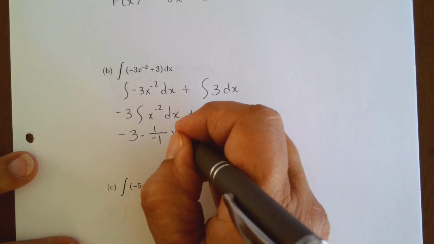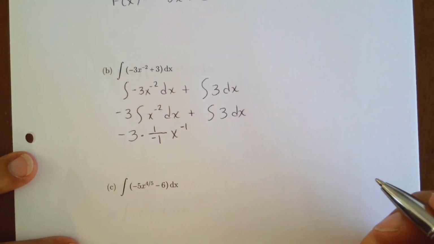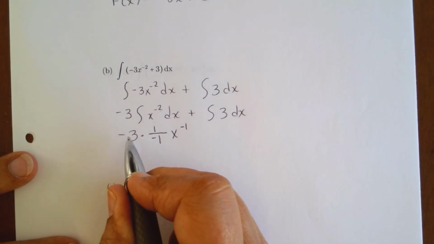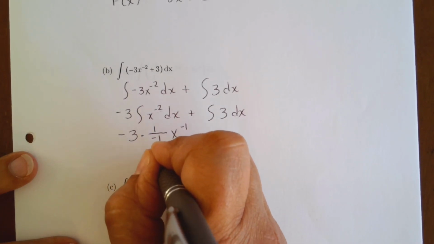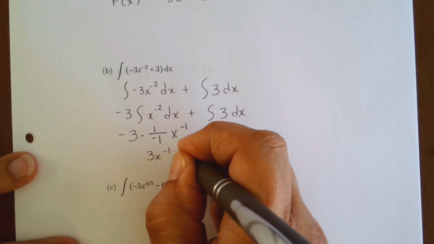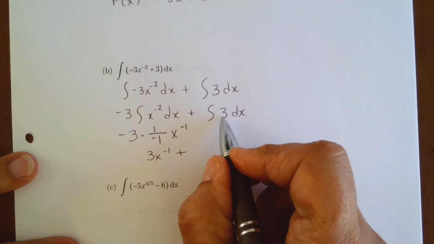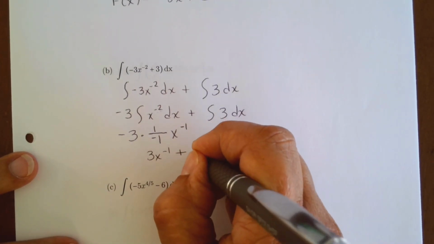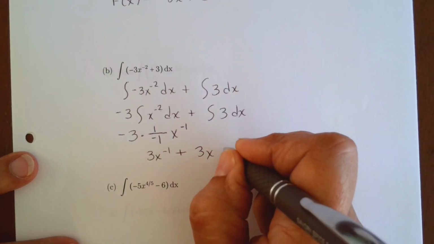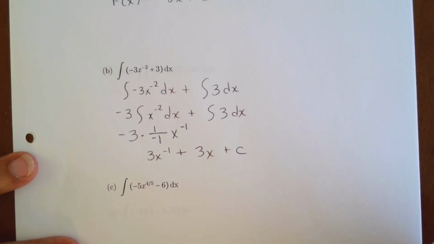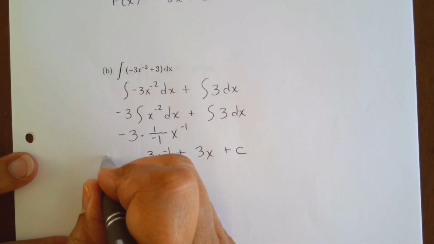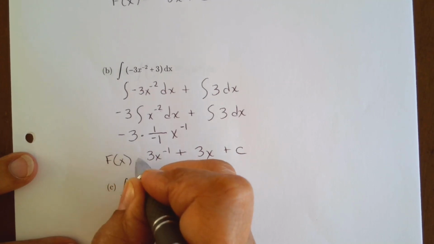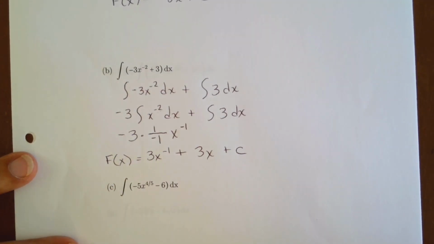This plus 1. So x to the negative 1. That simplifies negative 3 divided by negative 1. That's positive 3x to the negative 1. Plus, we know that the antiderivative of a constant is just 3x. And then you have the plus c. Okay? All right. This is the antiderivative, so we call that capital F of x.